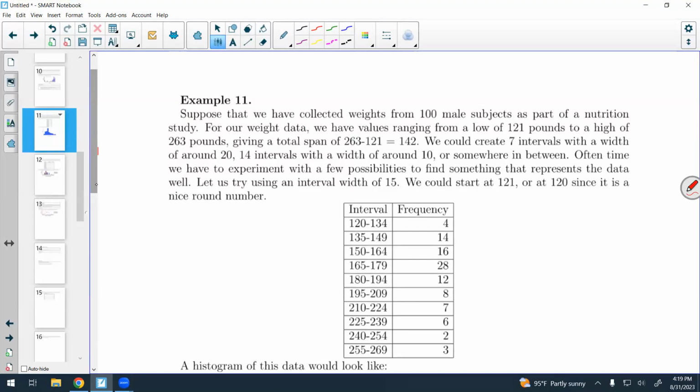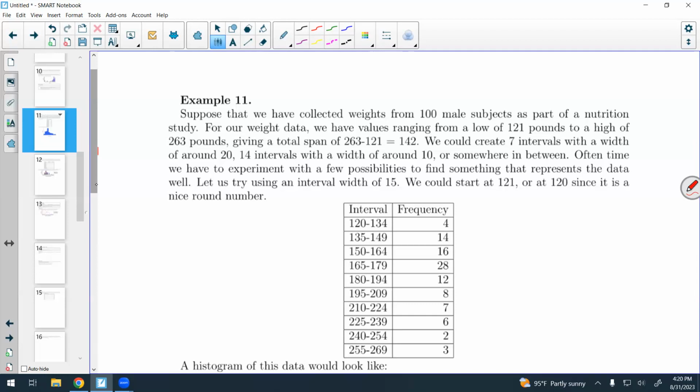So suppose we have collected weights from 100 male subjects as part of a nutrition study. For our weight data, we have values ranging from a low of 121 pounds to a high of 263 pounds, giving a total span of 142. Now, we could create 7 intervals with a width of 20, or 14 intervals with a width of around 10, or somewhere in between.